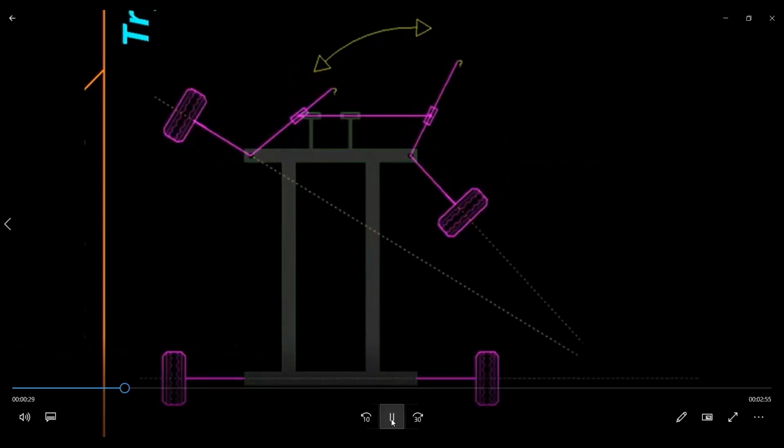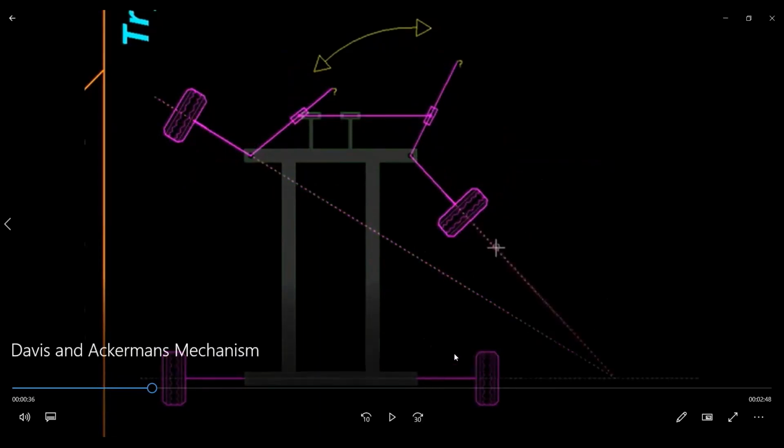Now we are going to check whether we have steered the car correctly. That can be done by extending these two lines to see if they intersect. So you can see that if you extend this line of turning of these two wheels, they will intersect here. That is the line through the axis of the rear wheel. Okay.